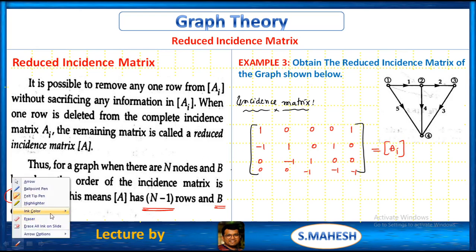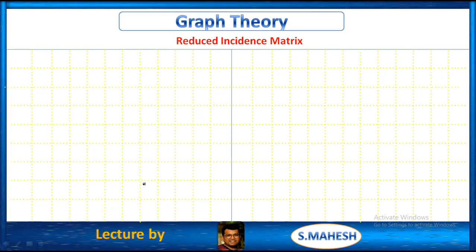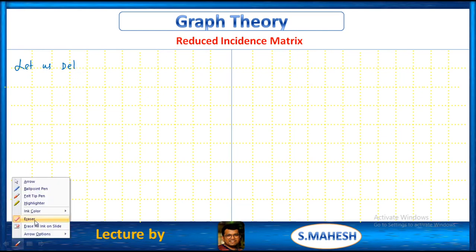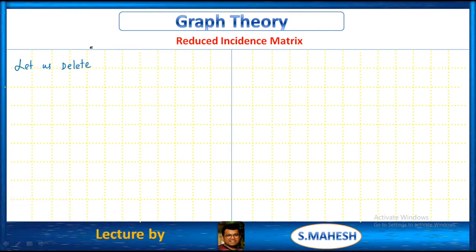Now let us delete any node. There is no particular mention of any node. Let us say node 4, such that the fourth row is removed.